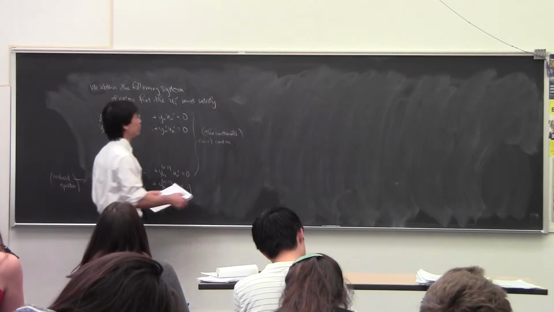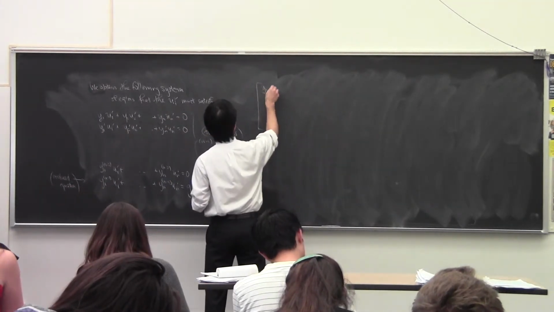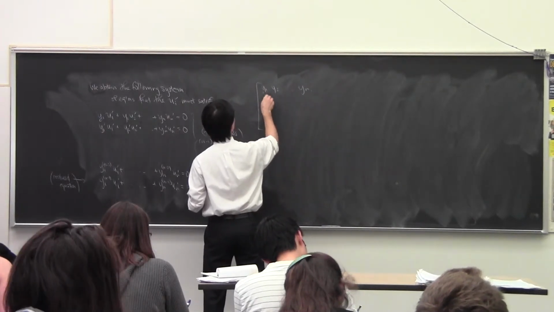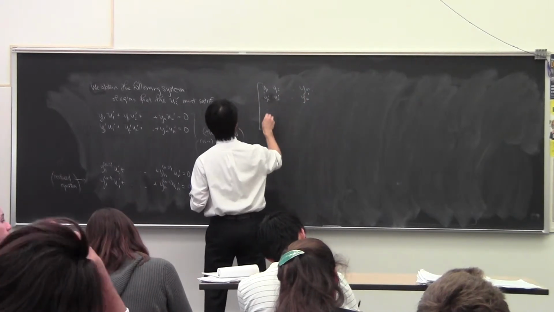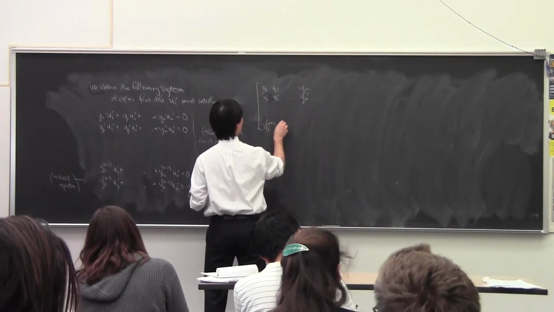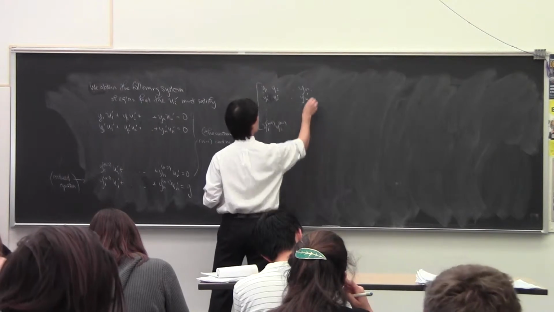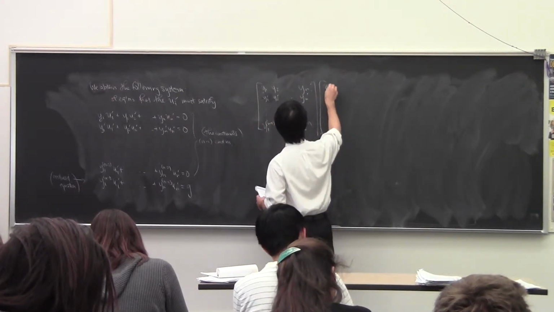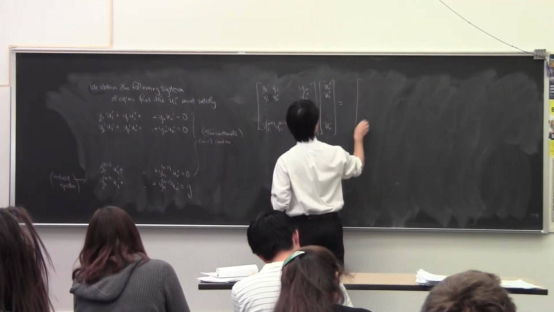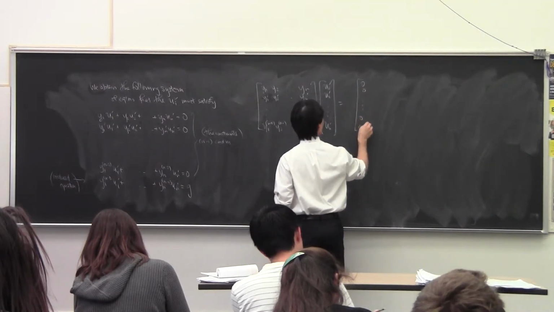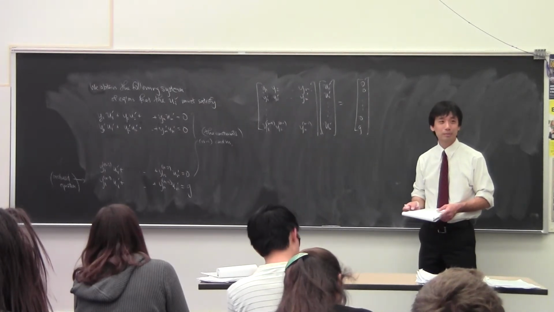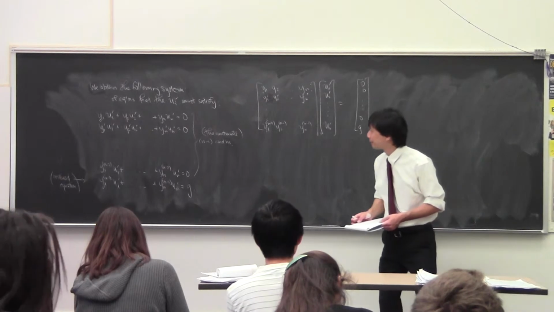If we write this as a matrix, this is u1, u2, y1, y2, yn, y1 prime, y2 prime, yn prime, all the way down to y1 n minus 1, y2 n minus 1, yn n minus 1, times u1 prime, u2 prime, un prime, equals 0, 0, 0, 0, 0, g. So the bottom entry equals g, okay.